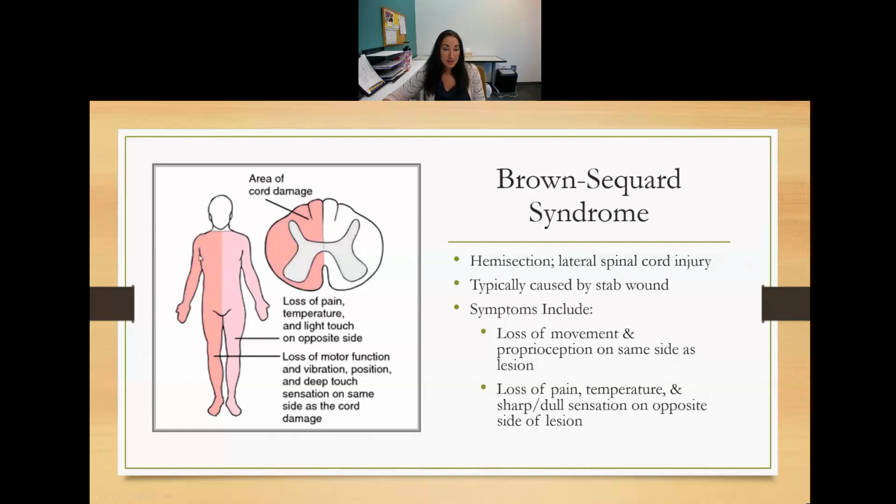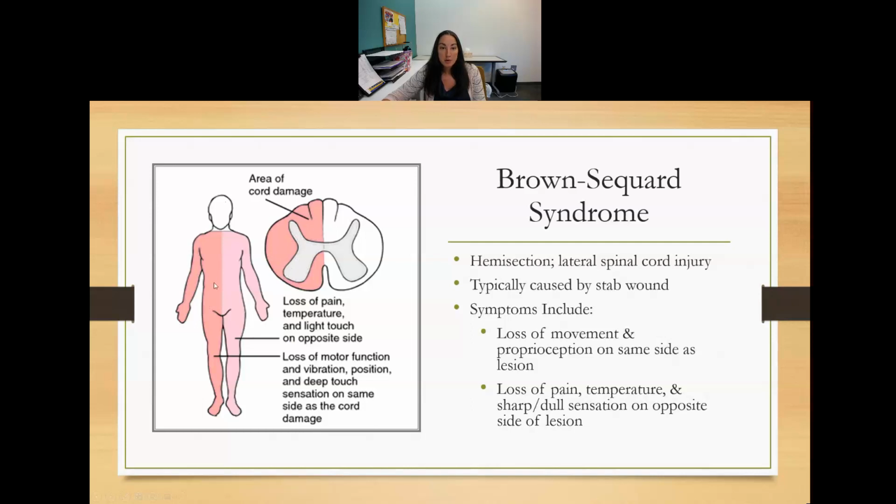So loss of motor function on the same side, because a lot of the motor pathways cross from the brain up at the level of the medulla. It's not at the level of the spinal cord. And so they would cross up here and then travel down on the same side as the damaged spinal cord.